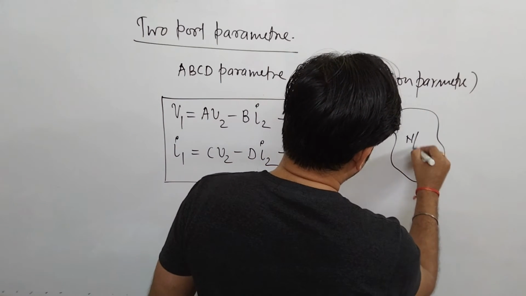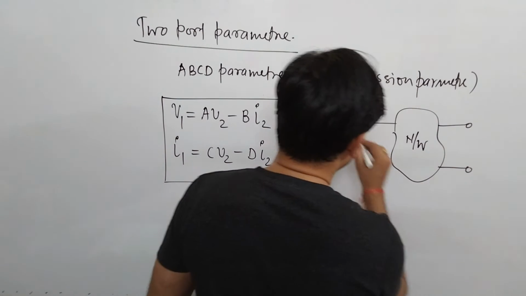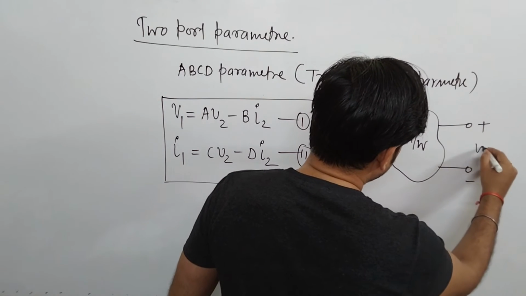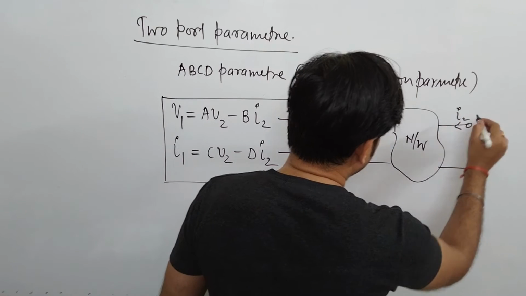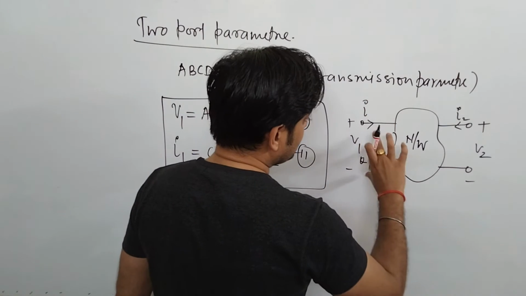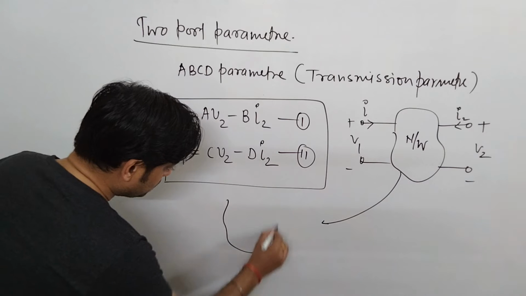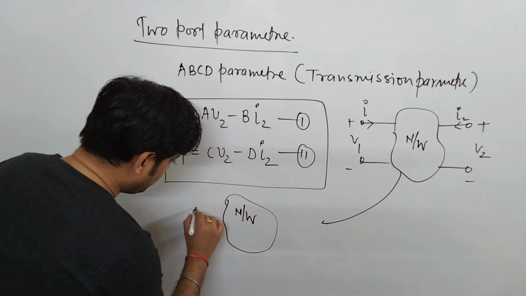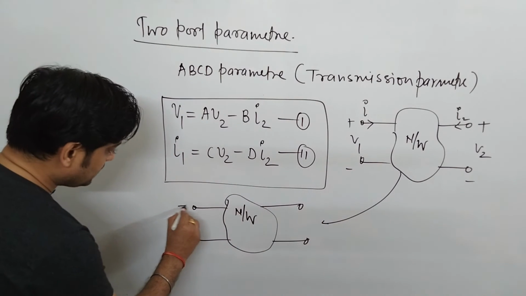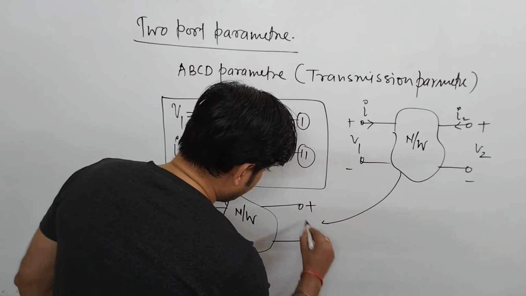The important thing is, if this is V1 I1 and this is V2 I2, in all the parameter conditions we have taken V1 I1 in this form, V2 I2 in this form. But when you talk about the network in which we have to talk about the transmission parameters, this comes to be V1 I1 and this is V2.